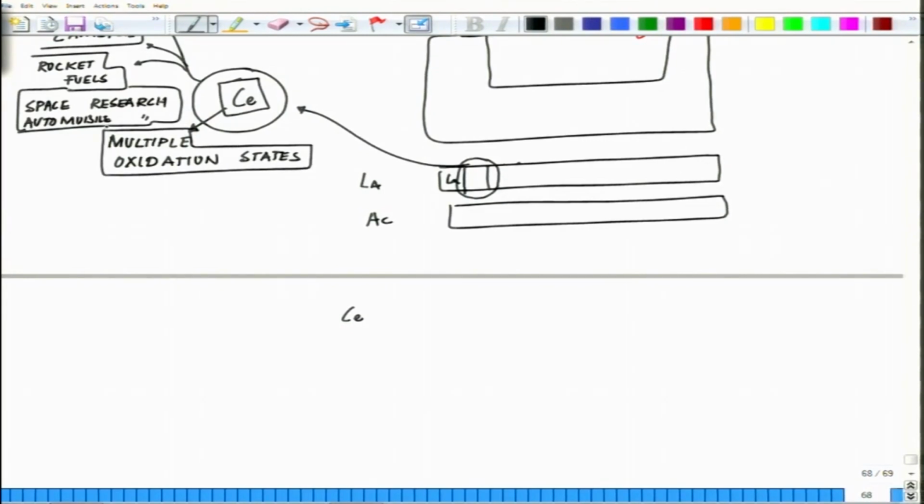So, let us start. What are the oxidation states of cerium? Cerium remains in Ce3+ and Ce4+. These are the oxidation states of cerium, 3 and 4.